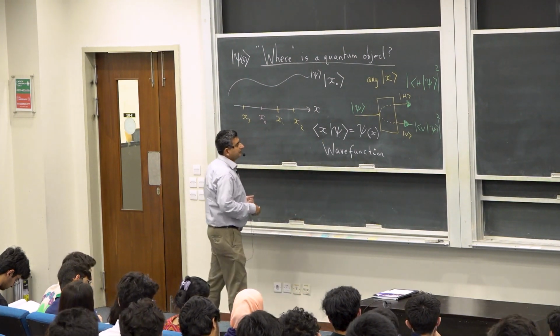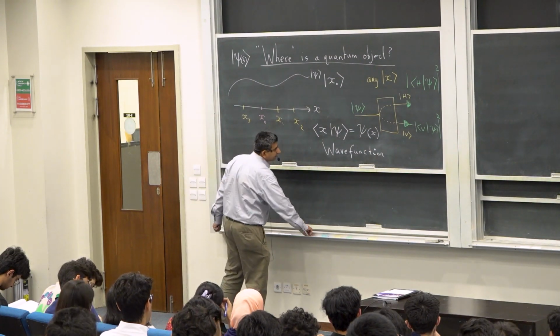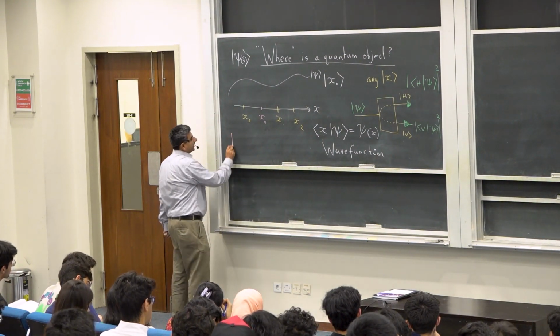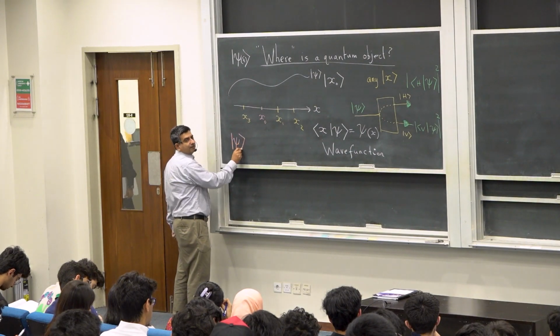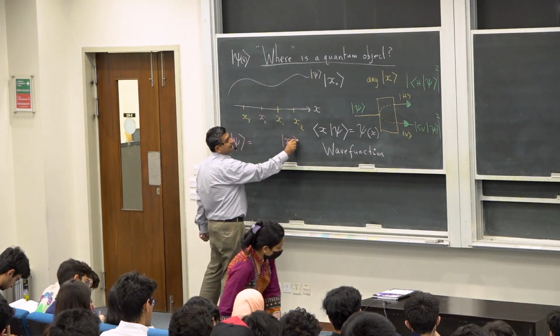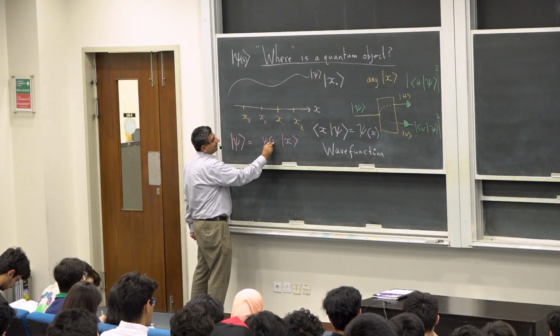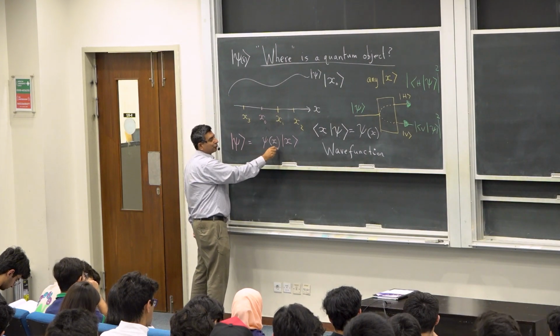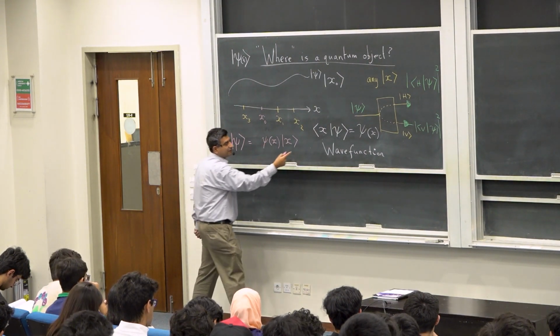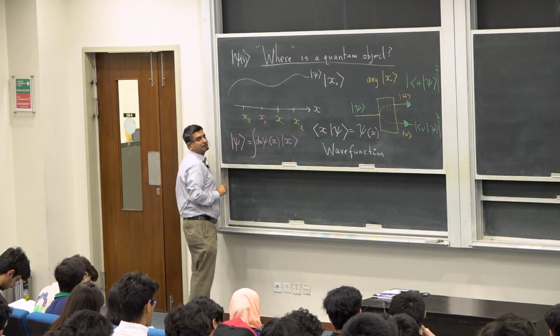And if I were to answer your question, many students will not understand this. This ket psi is going to be given by all the ket x's. Each ket x has a weight, a coefficient psi x, which is this function, and then I integrate over all space.